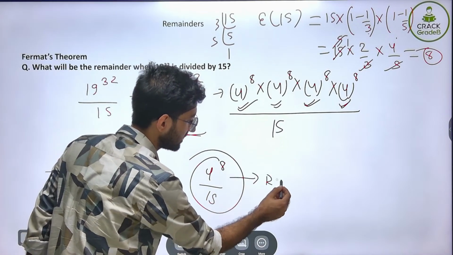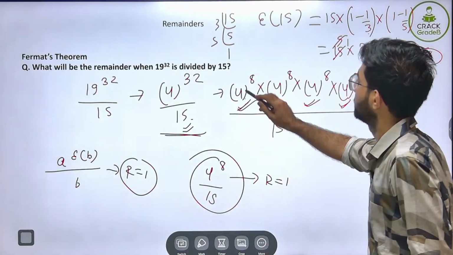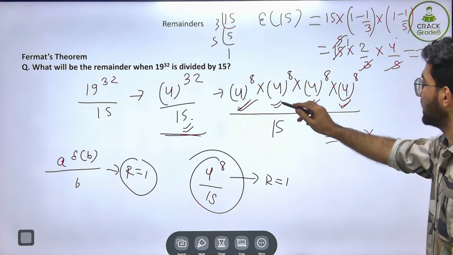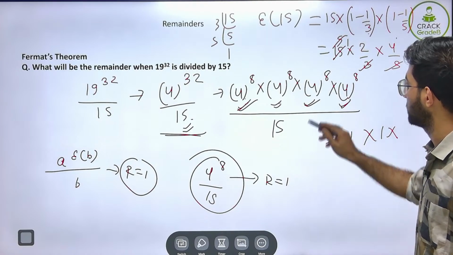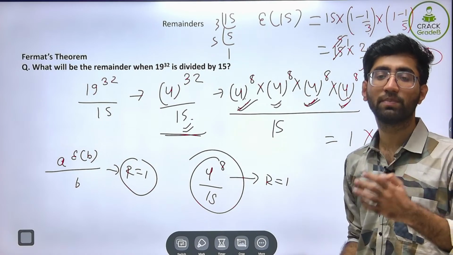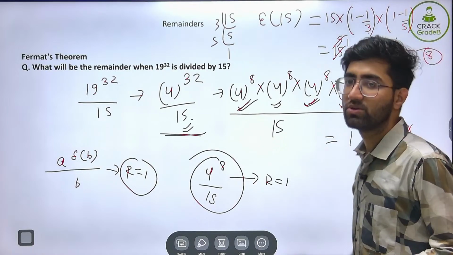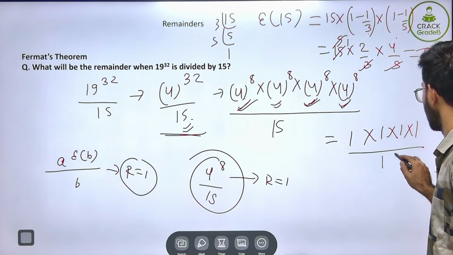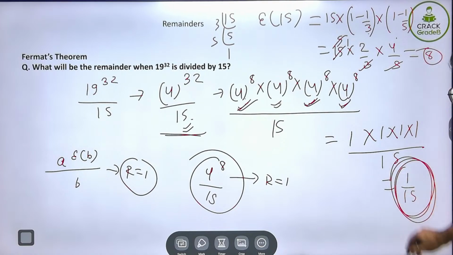So if you divide 4 to the power 8 by 15, you get remainder 1. Again, each time you divide 4 to the power 8 by 15, you get remainder 1. So this is basically 1 by 15. So tell me, what will be the remainder if you divide 1 by 15? The answer will be 1.